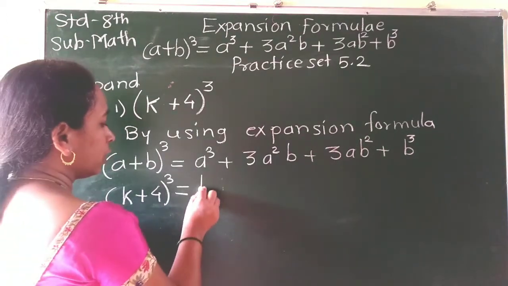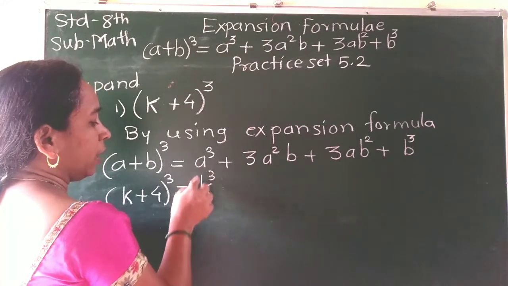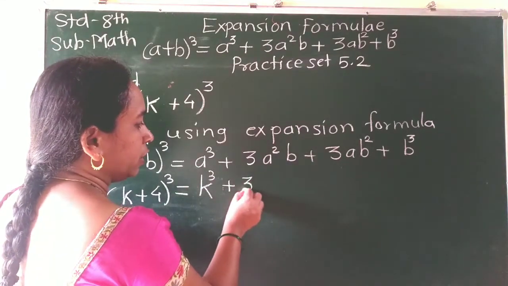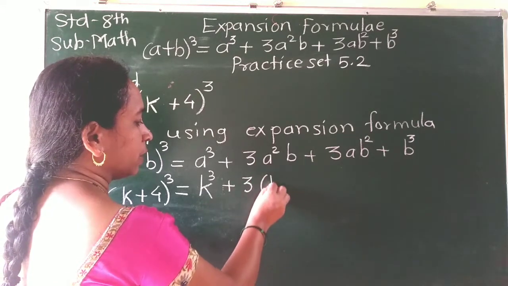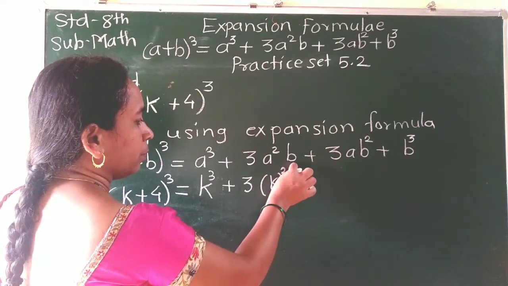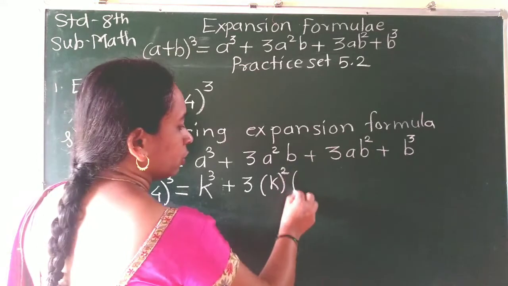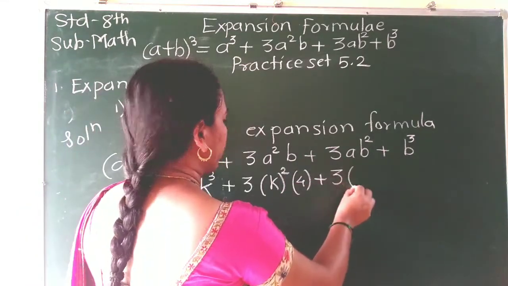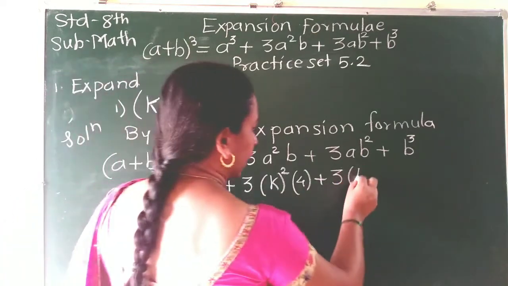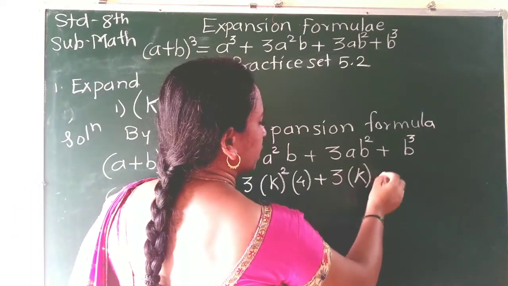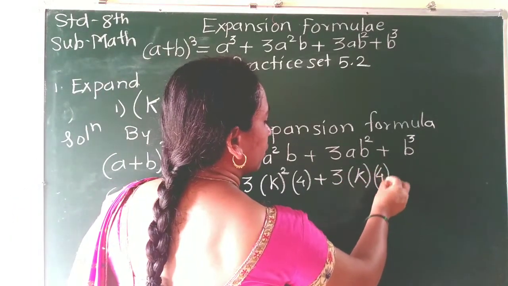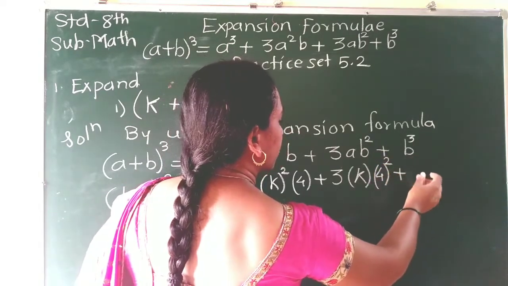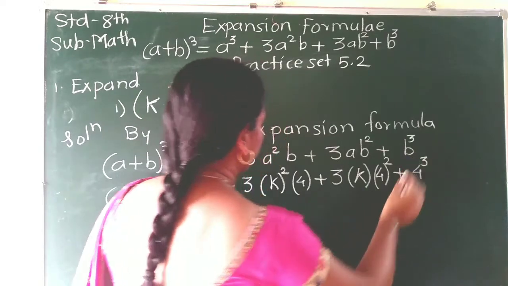So k cube, a I have to replace with k, plus 3 into a's value k square, b's value is 4, so it would be multiplication, plus 3 into a's value again k, b's value is 4, but here it is the square of b, plus b cube means 4's cube.